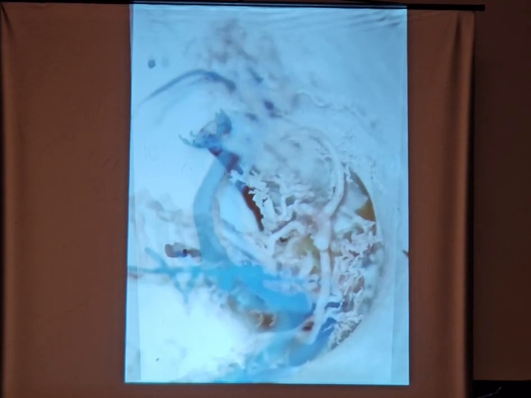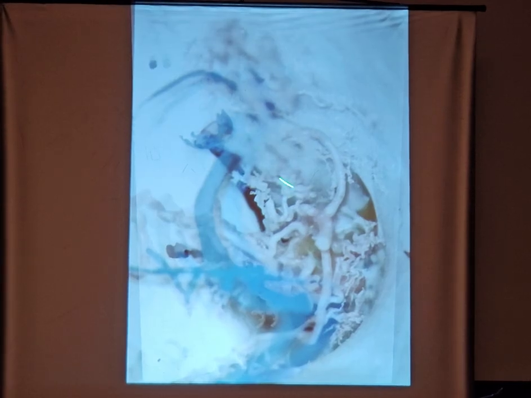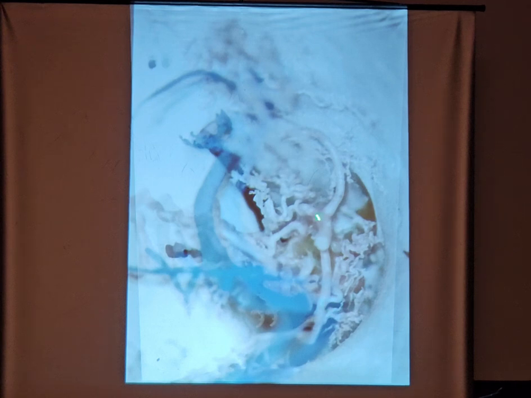We have just to see now a specimen, a cast, and we will see the right side. We can see here the optic canal with the ophthalmic artery and the ophthalmic vein running back here in the narrow part.